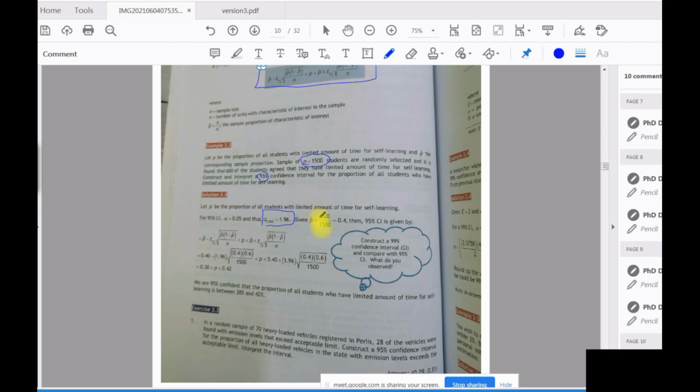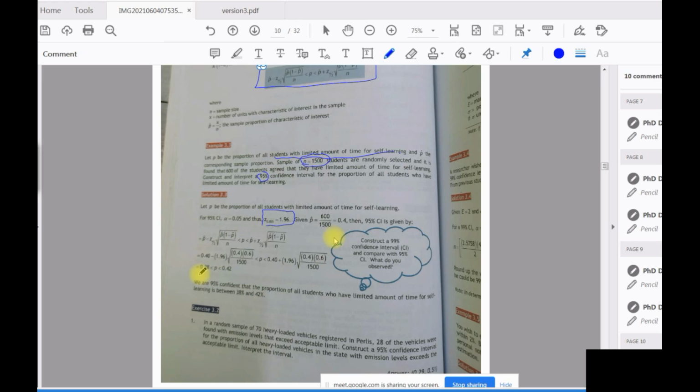Then we can take this formula, just put in the values. So we have the confidence interval for the proportion.